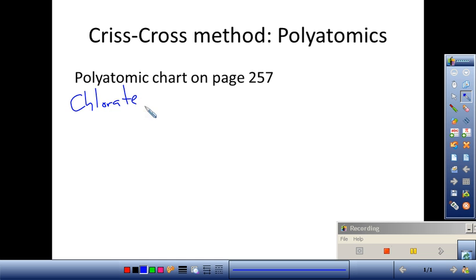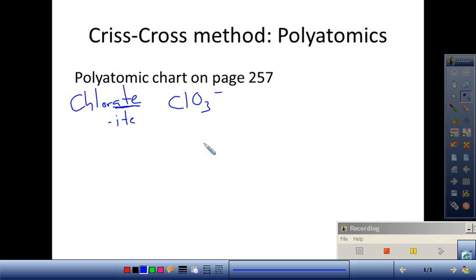How do we know if something's a polyatomic? It's usually going to end with ate, or ite. It's not going to end with ide. Ide is just a typical ion. So ate or ite, you're going to look it up.